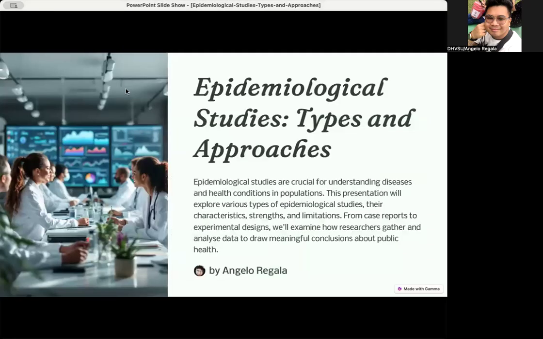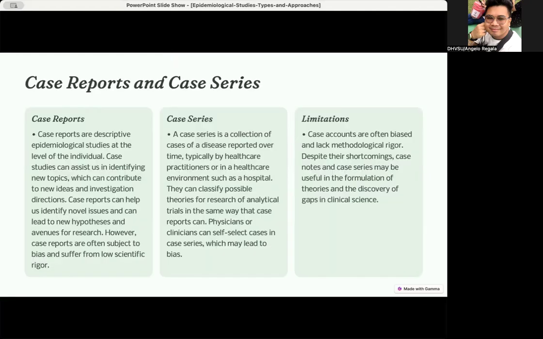On the other hand, a case series is a collection of different case reports of a particular disease. If it's multiple, or by batch, we call it a case series.